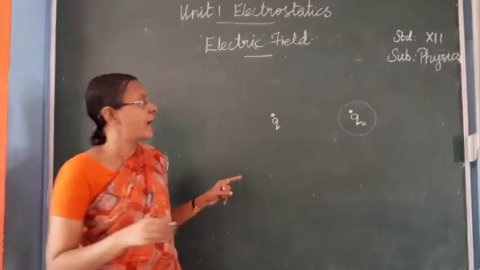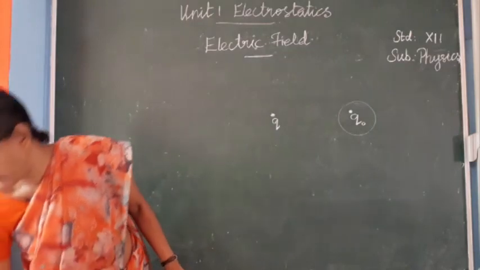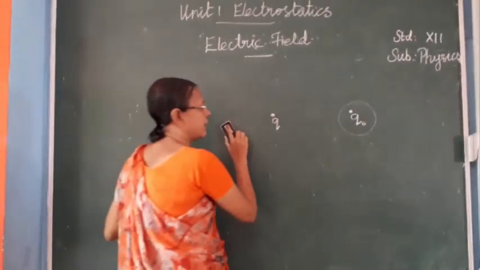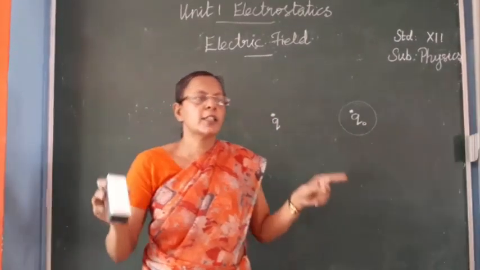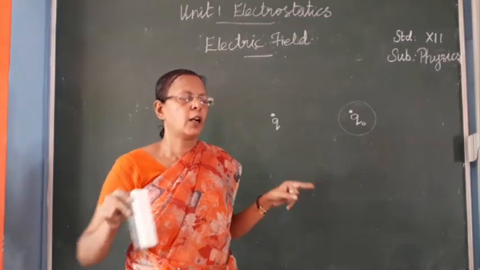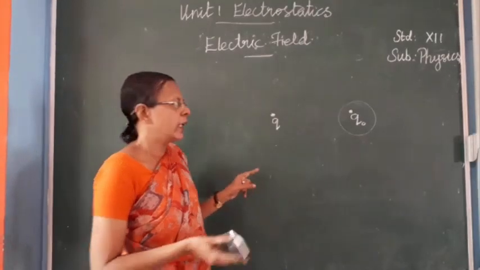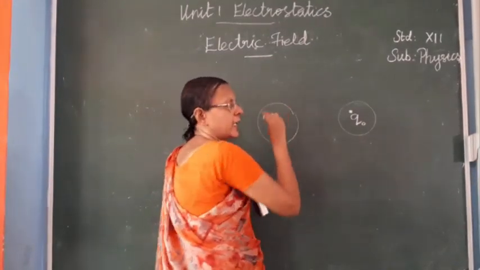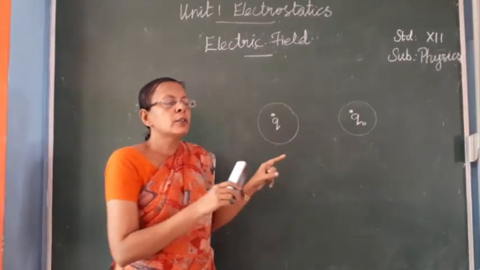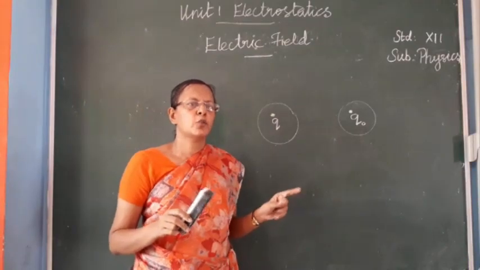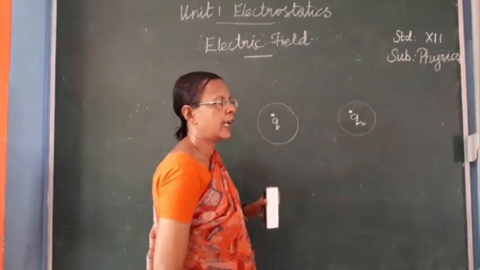According to Faraday, every charge exerts some lines of force. In the universe, many charges are there, and all the charges create some electric field around them. Because of the electric field, this point charge I kept at one place has some field, and at a particular distance it is exerting electric field lines.